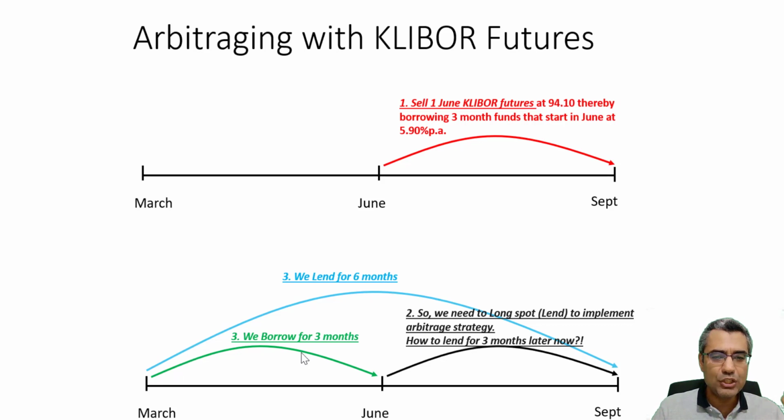So if you deduct the green from the blue, the borrowing for 3 months will cancel out the first 3 months of lending till June. And what is left is lending for 3 months starting in June. And this will complete your arbitrage strategy, because you needed to lend for 3 months in June, right?